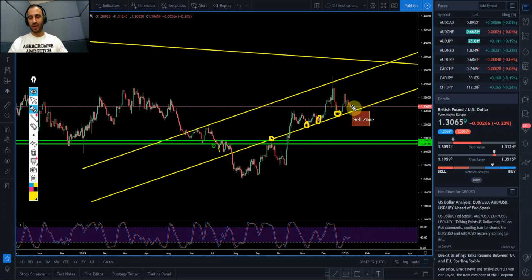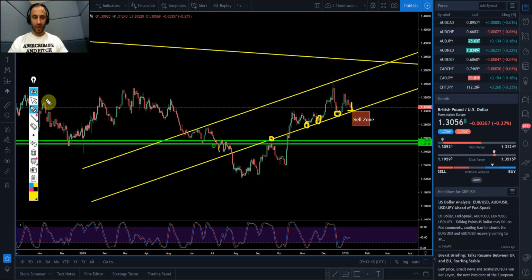And so the first push down is going to be met with support around here, which is a key round number, 130.